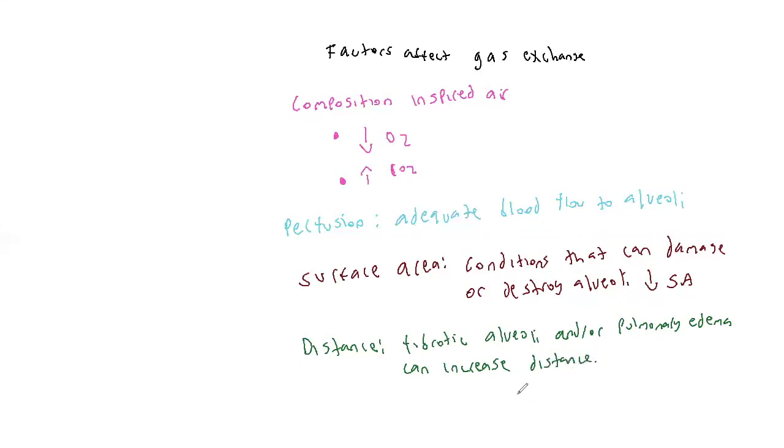Now, this isn't good because if there are thicker alveoli, so this is a normal alveolus, and this is a thickened one, you'll see that with the thickened one there's more space needed for diffusion. And this is the blood distance in a normal person. This could be someone that has pulmonary edema, meaning that there's more fluid for the gases to get through.